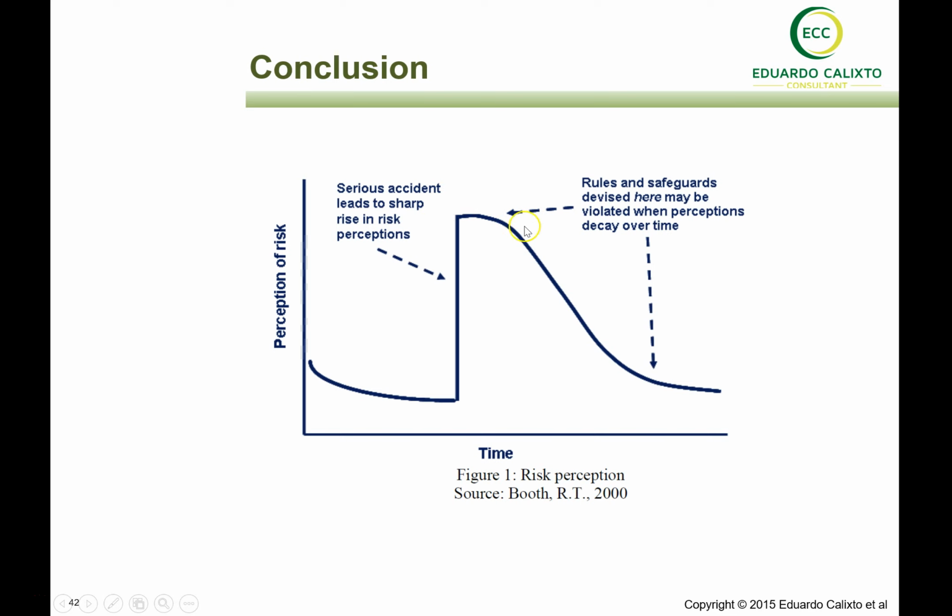Of course, when the perception outside the organization increases, we also have increased perception inside the organization. And at this time, many nuclear plants started to discuss their procedures to assess their risk again. This is the big challenge for risk managers: to keep risk perception high for the whole society.